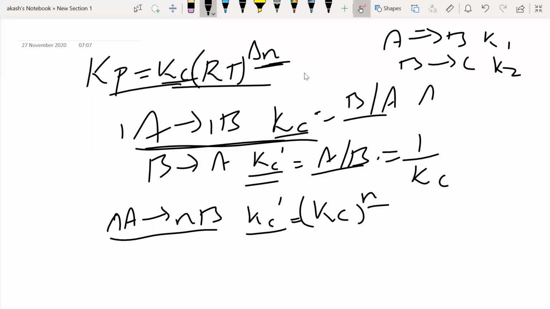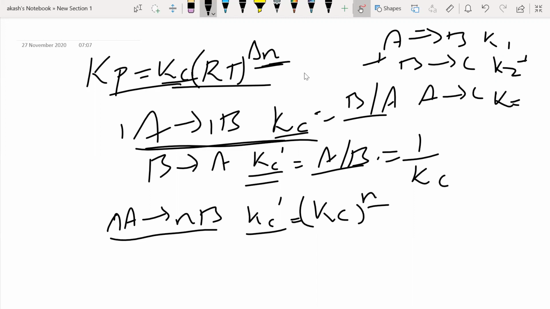Say if I have A giving C, say this is K. What is the relation between K, K1 and K2? So it is K equal to K1 into K2. Yeah, right. So whenever you add two reactions, you should not directly add the equilibrium constants. Rather, you have to multiply them, right?